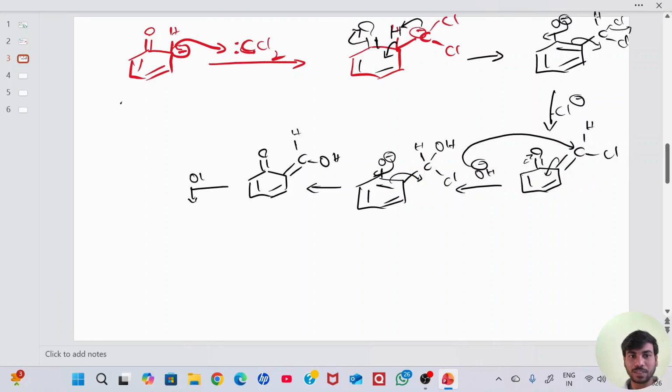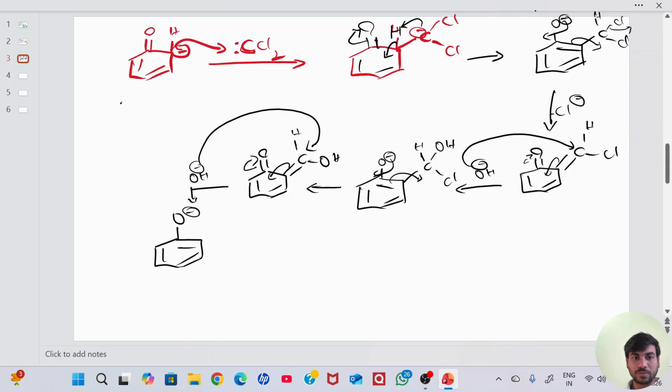Again it is attacked by hydroxyl center, and you will see its movement. So overall this is phenoxide again generated, hydrogen, and now you can see in the center I have got a carbon with the two hydroxyl centers.